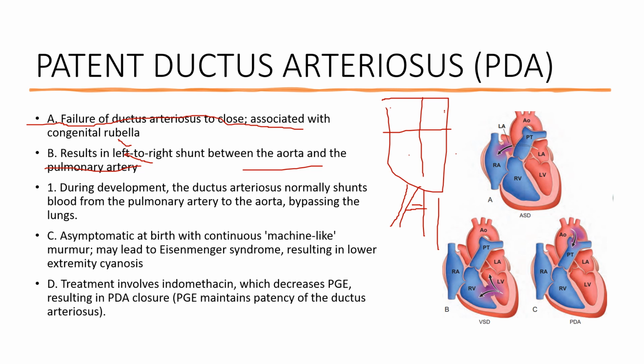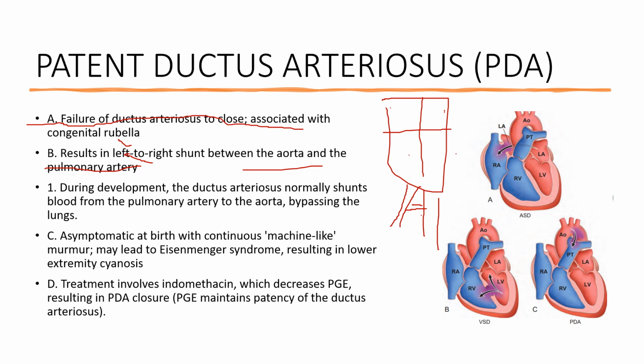As soon as the baby is born, this PDA starts to close off. But in some babies, it doesn't. So it will cause a left to right shunt, and it may lead to Eisenmenger syndrome, resulting in lower extremity cyanosis.